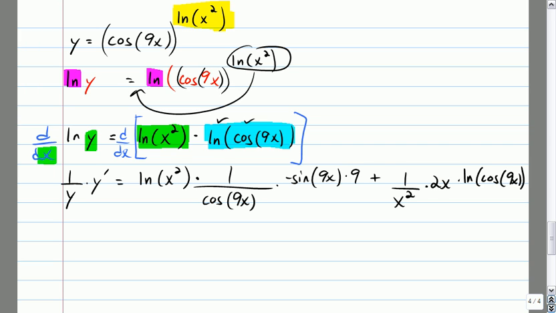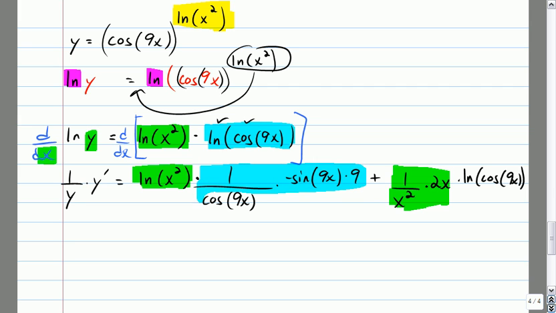Let's get out the highlighter. The natural log of x squared shows up there, and its derivative shows up there. The natural log of the cosine of 9x, its derivative is there, and then the function by itself is there.